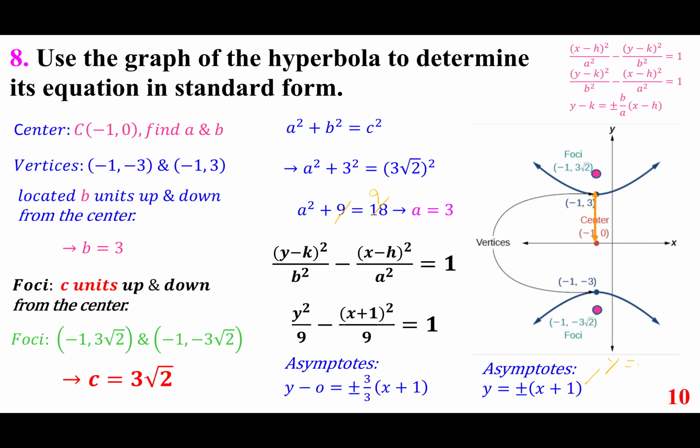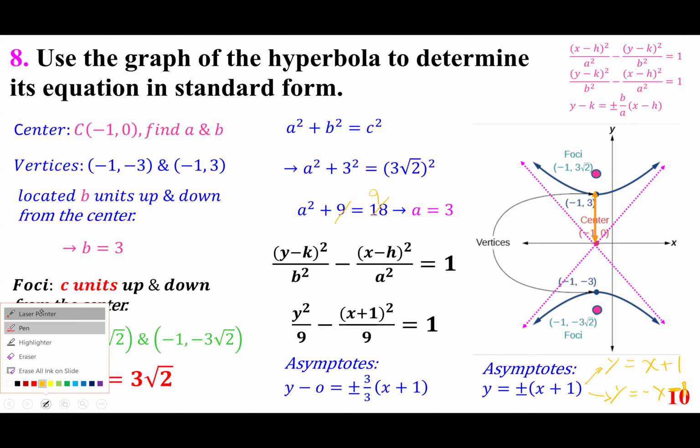One of them is simply x plus 1. The other one is minus x minus 1. So these are the two asymptotes. That's pretty straightforward, everybody.